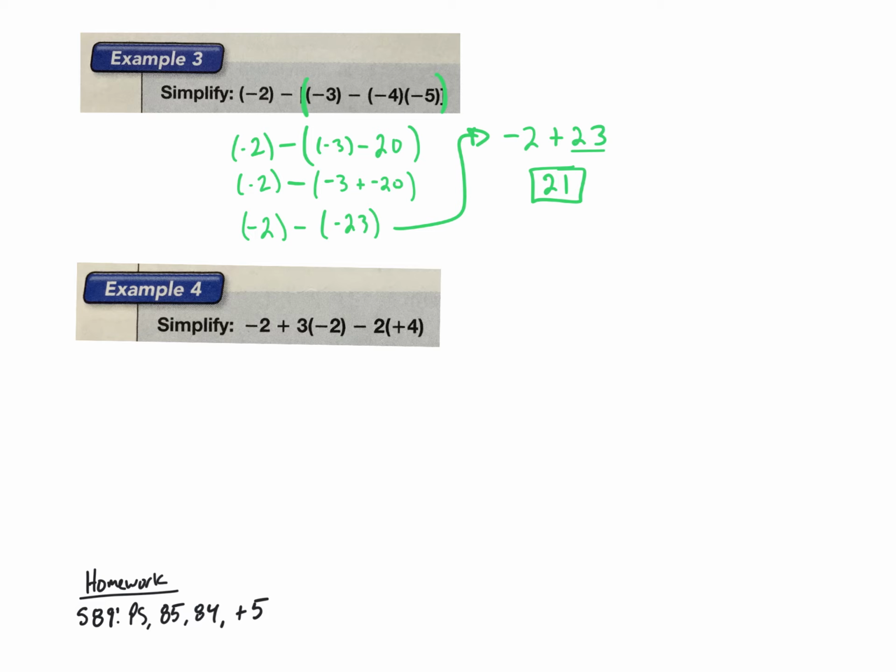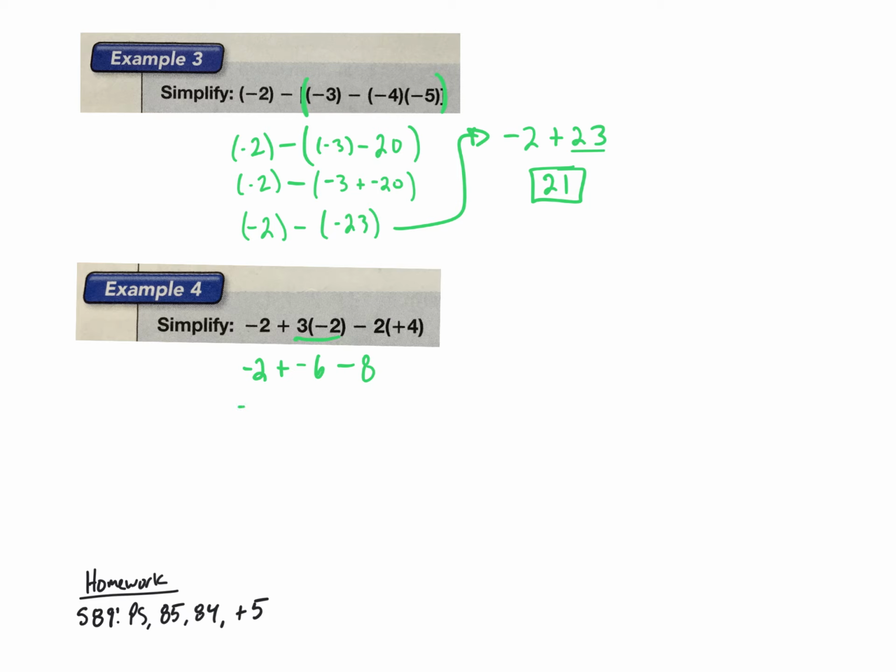And let's do another example here. So let's again simplify each term. So this is going to be the negative 2. 3 times negative 2 is going to be a negative 6 because those have different signs. And then subtract 2 times 4 is 8. So change this all to addition.